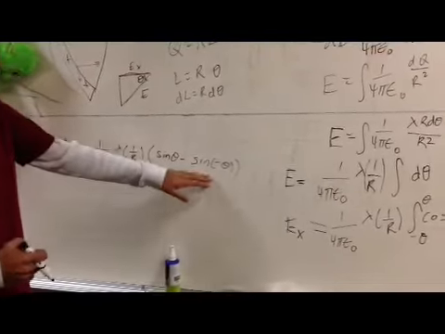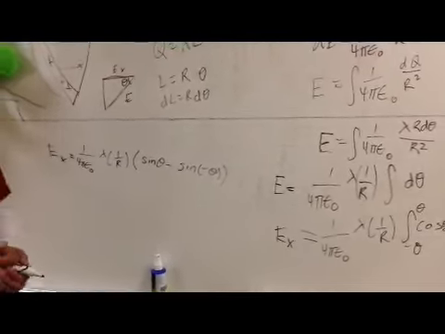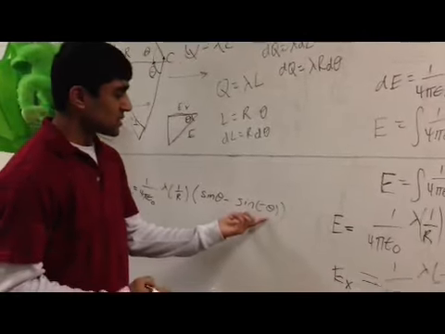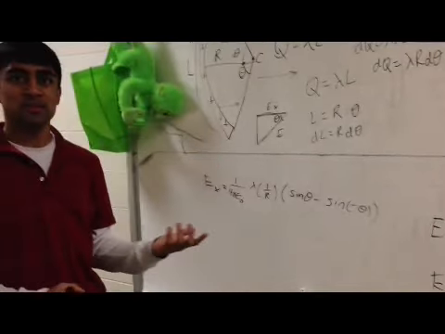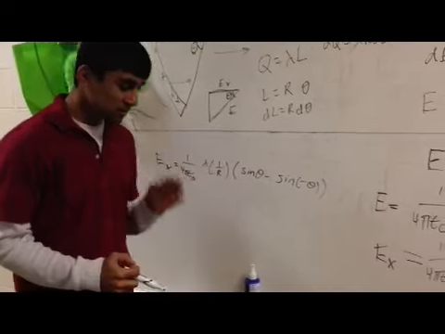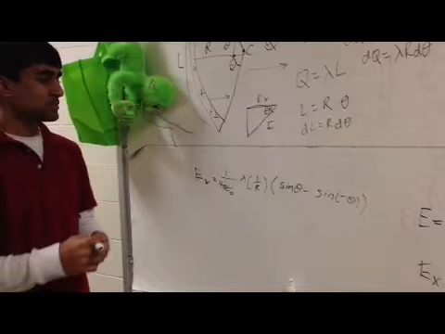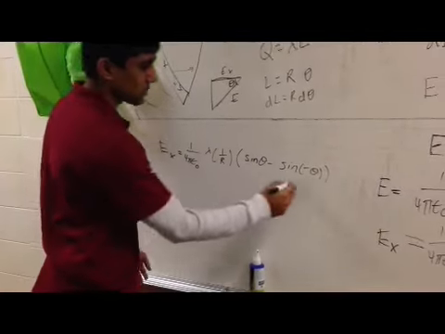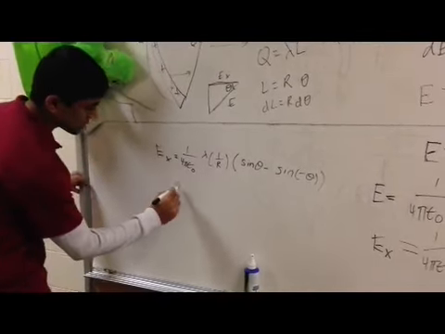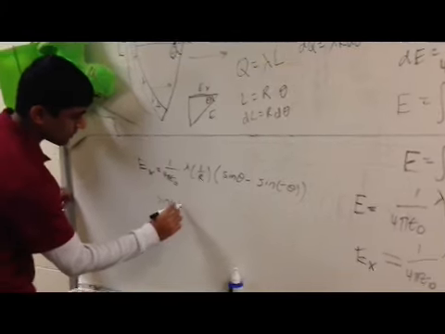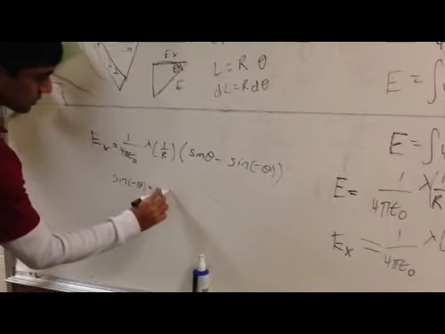Now this is where some trigonometry comes in. Sine of theta is an odd function, so sine of negative theta equals negative sine theta. Right, so basically what I'm saying is sine negative theta equals negative sine theta.